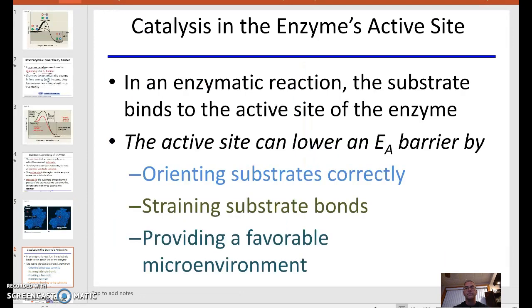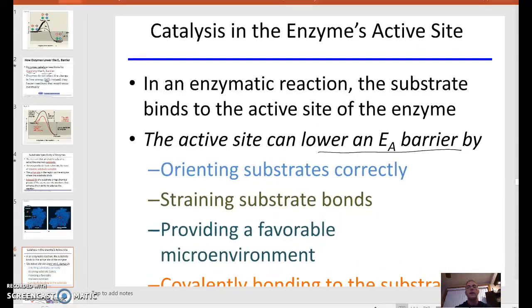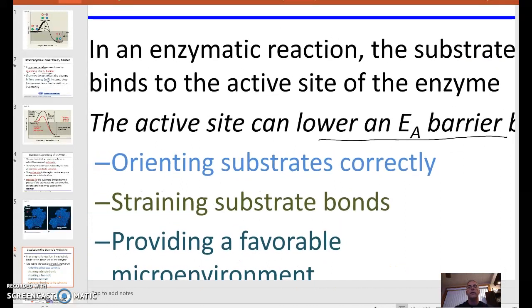So when we look at it, enzymatic reactions lower activation energy. And what they do is they do a couple things that are really critical. Number one is they get proper orientation. So in order to have these substrates undergo chemical reactions, we want to make sure that things are oriented in the appropriate position.